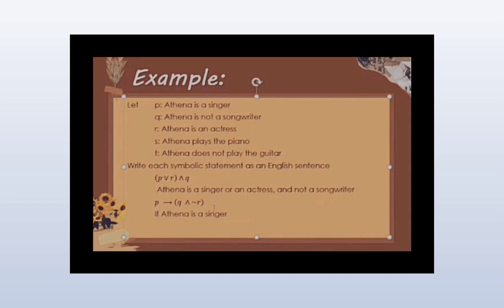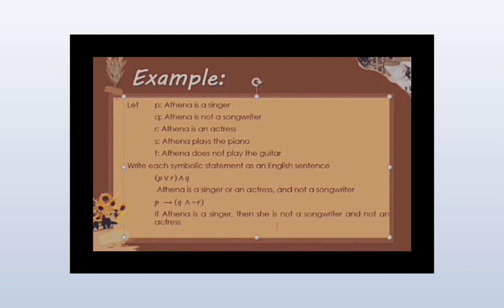If Athena is a singer, then she is not a songwriter and not an actress. So the statement for this symbolic form is: if Athena is a singer, then she is not a songwriter and not an actress.